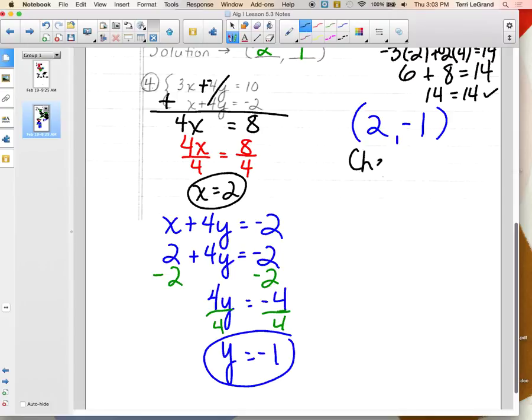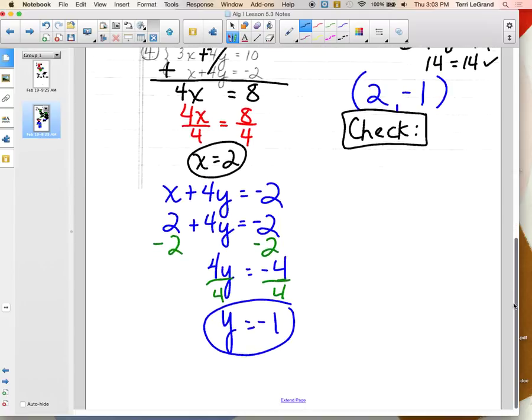Just because we got nice integer values, we might be feeling pretty good about it, but there's no guarantee. Some people got nice integer values on their quiz, and they weren't the right ones. So I'm going to start with my first equation, 3x minus 4y equals 10, and sub in what we believe the x and y values are.